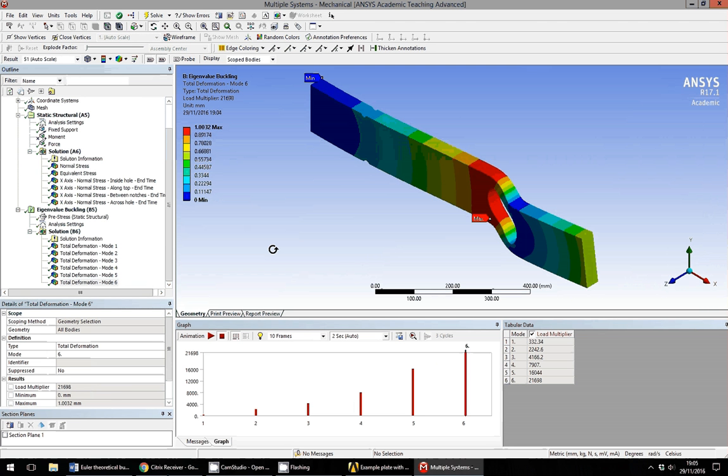In reality, there are imperfections in the structure. The loading can be eccentric, off-center, causing moments. So in general, the theoretical buckling is an upper limit for the real buckling, and it needs to be treated very, very carefully.